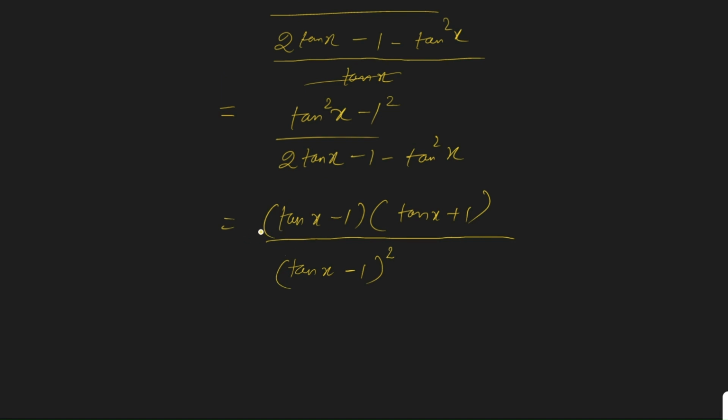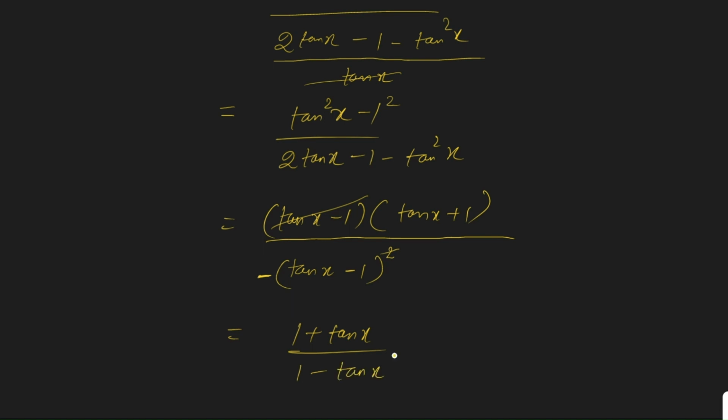So I should also take a negative out from here, and then it's the same. Okay, so just to be careful, I have taken this negative out, then it became the whole square. Alright, so I can just cancel this and this, and I'm left with 1 plus tan x. Okay, let's write this as 1 plus tan x and 1 minus tan x.